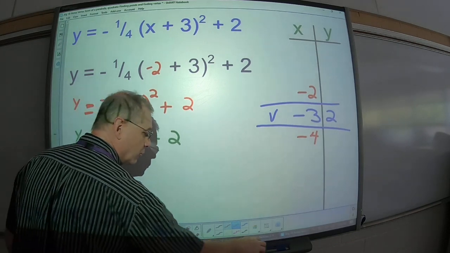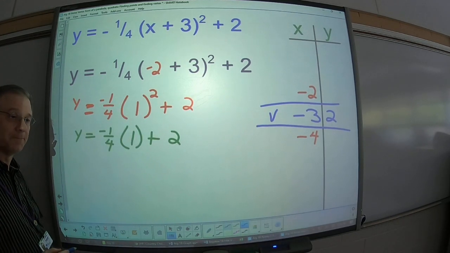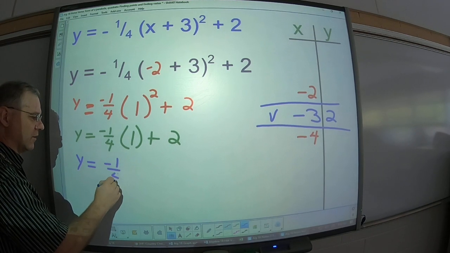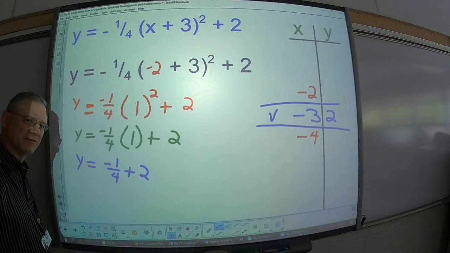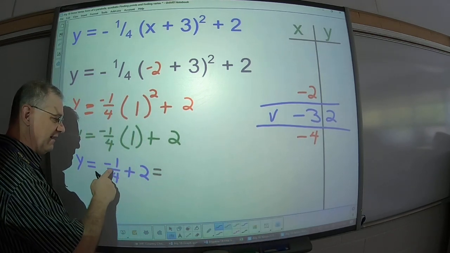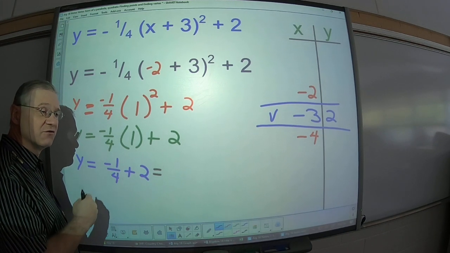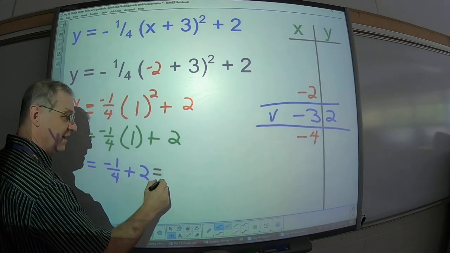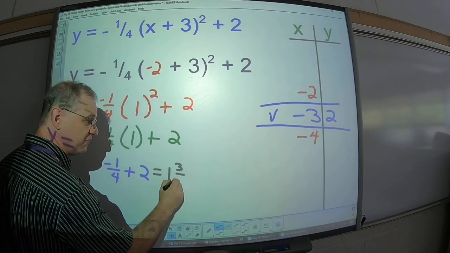All right, now, order of operations tells me I have to multiply before I add, right? So I end up with -1/4 plus 2. Well, that's not going to come out very nice. I have to take a 1/4 away from 2. So if I had $2 and took a quarter away, I'd have $1.75 or 1 3/4.